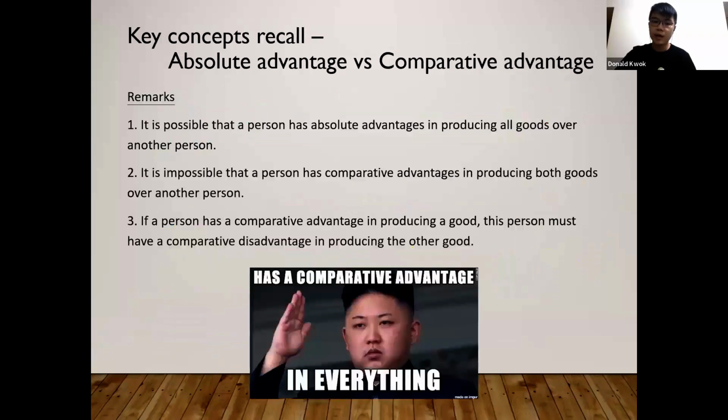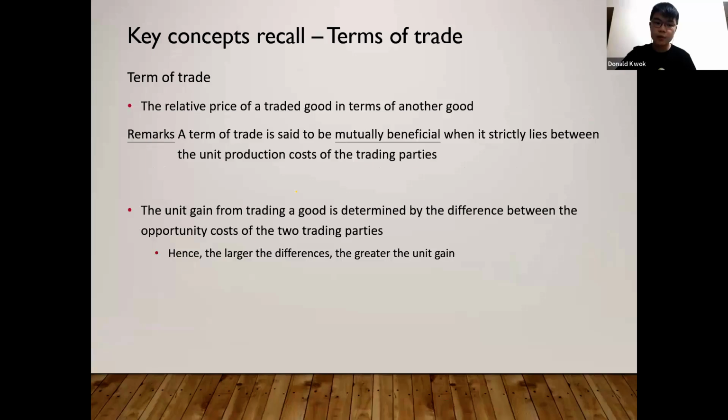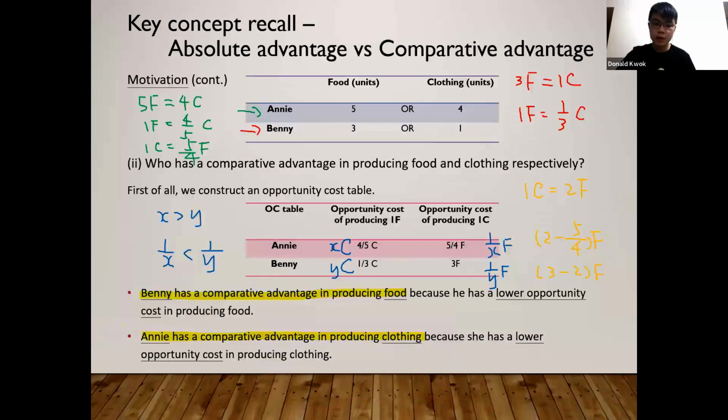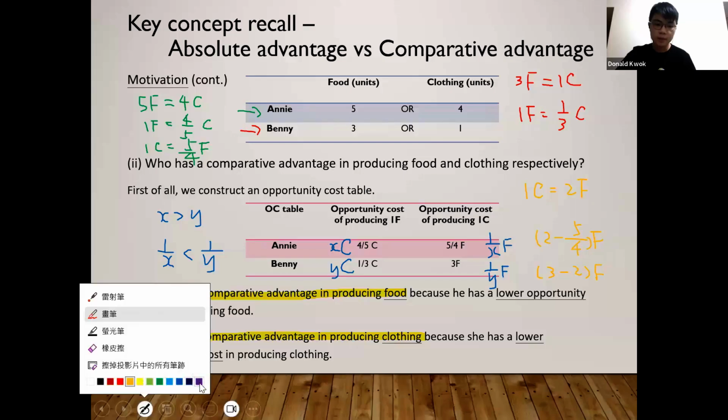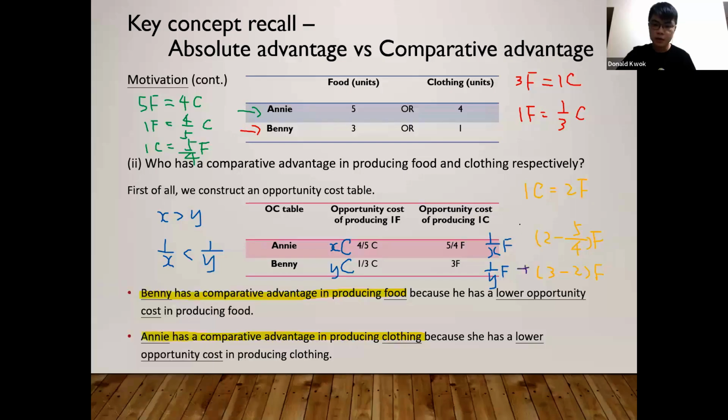And finally, the unit gain from trading a good is determined by the difference between the opportunity costs of the 2 trading parties. The larger the difference is, the greater the unit gain. If we are trying to calculate the unit gain from trading a good, we are summing up the individual gains of the 2 trading parties.